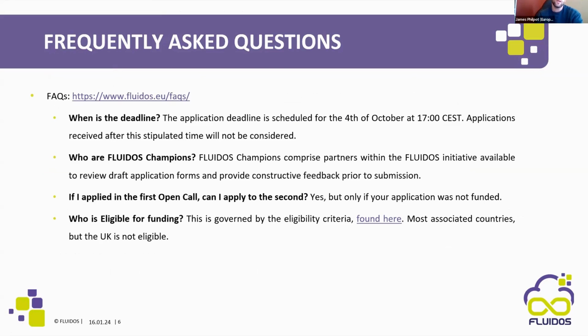If you look through the website, we offer the services of FLUIDOS Champions. These are project partners who are able to review a draft of your application. Unfortunately, we get a lot of requests for this, so this is a service that we offer from the project partners that's only available for 1 check. The idea is that you have your draft finalized and they can go through it.